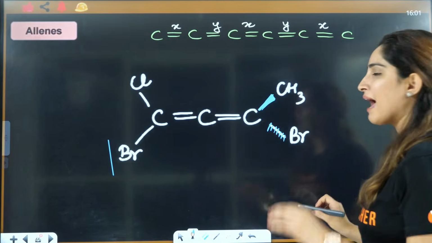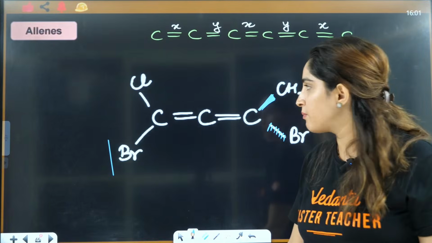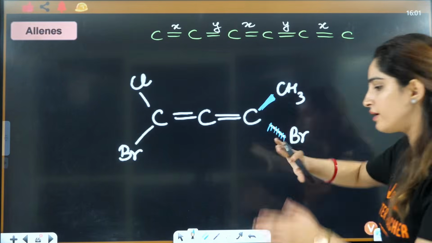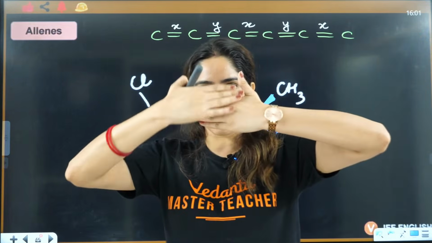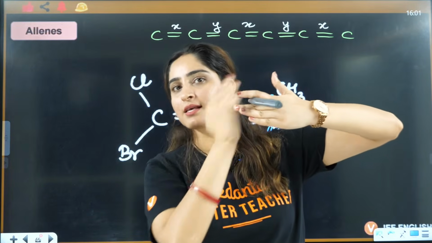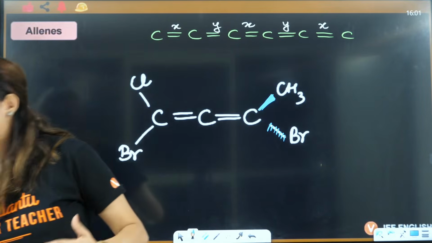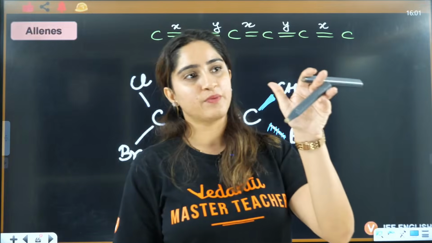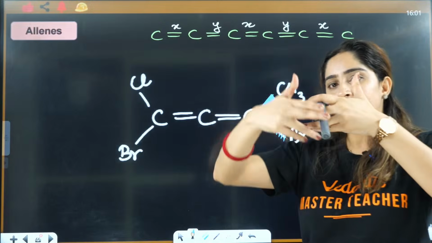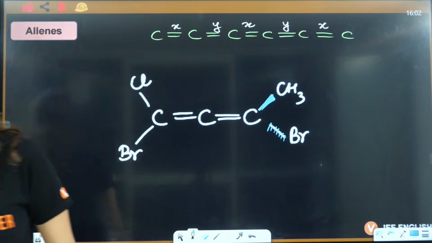So whenever you have an even number of double bonds, if this is on one plane, then the two substituents on the other end will be forward and backward. If this Cl and this are on the same plane, then these two are going to be forward and backward, okay. That you should remember.